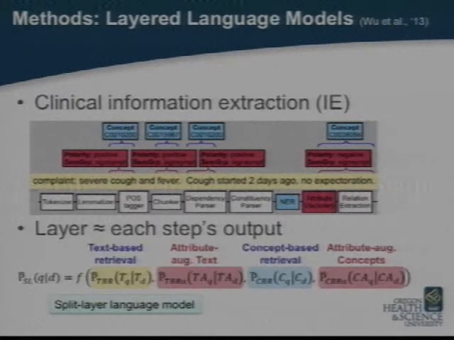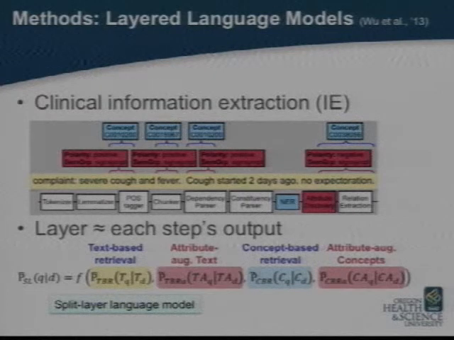So again, what I'm saying is that a language layer is basically the output of one of these steps in the natural language processing or information retrieval, information extraction pipeline, and at each step's output, you have some output that you might be able to use in retrieval, and so this particular equation would be considering text and concepts and attributes sort of separately, and then just combining them together.